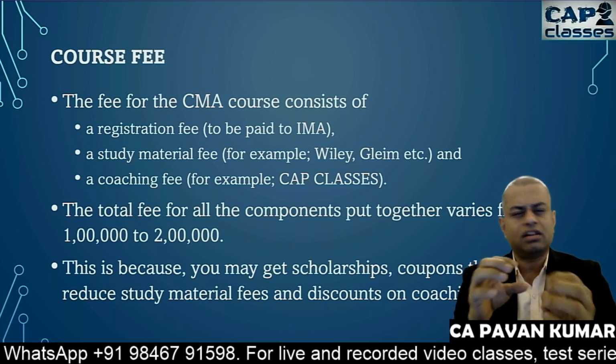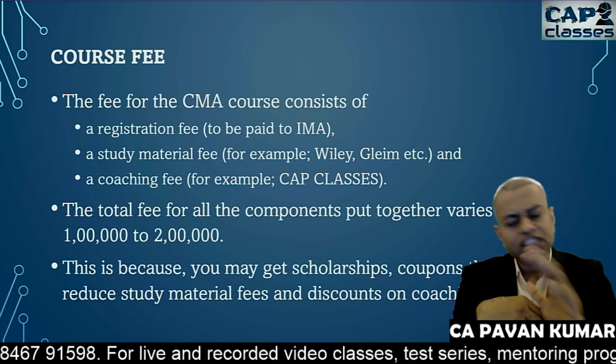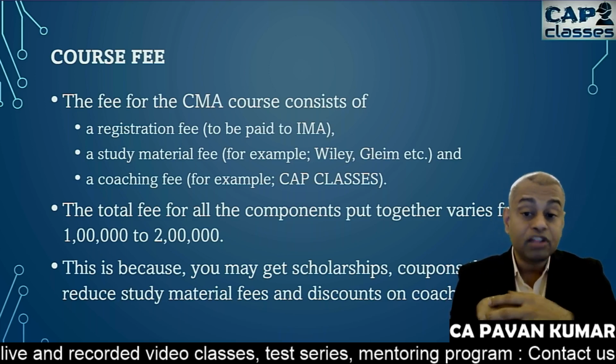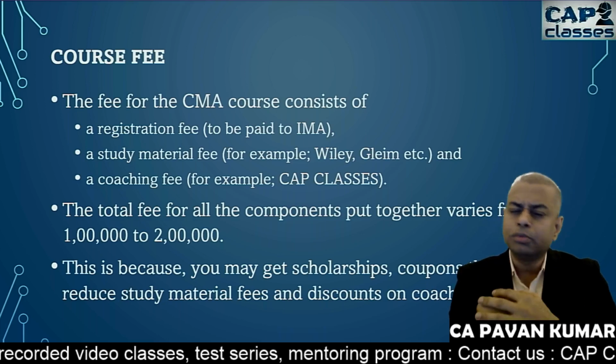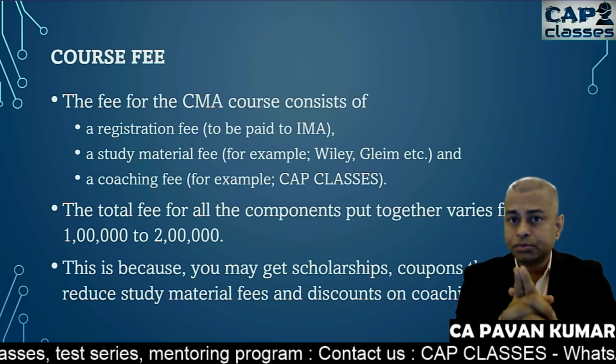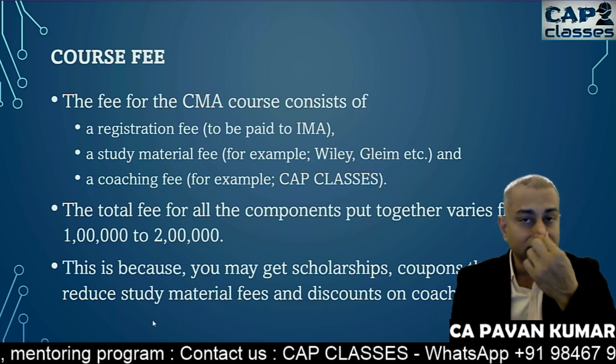On a higher end, it can be 2 lakhs, but I have seen people who complete the whole course with 70,000, 80,000 also, all the 3 put together. Possible. You'll get a lot of scholarships. I'll make a separate video on the scholarships, but you can put 1 to 2 lakhs as your budget if you are thinking of the CMA US course.